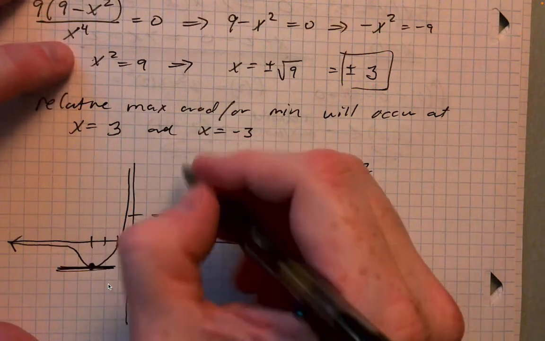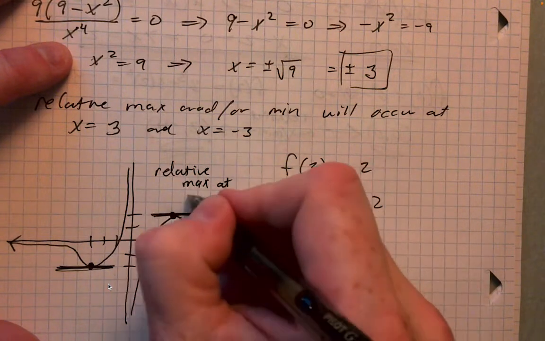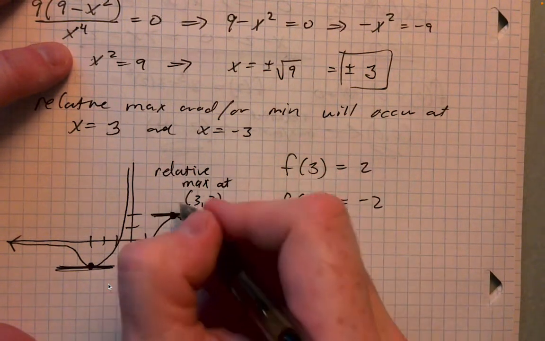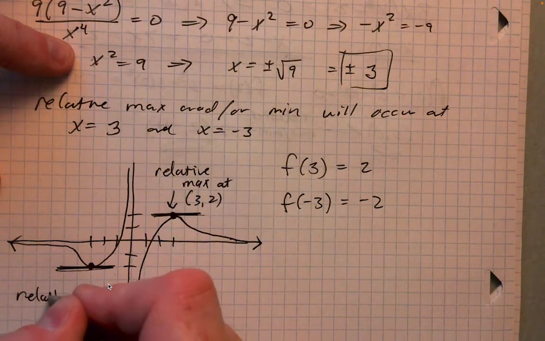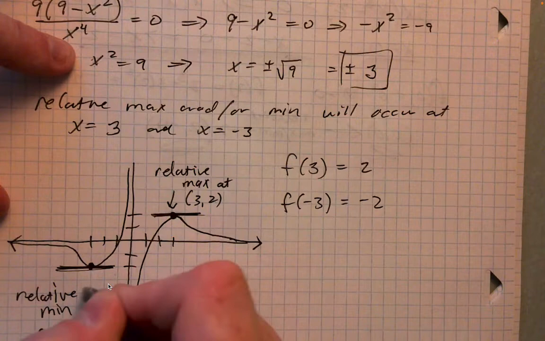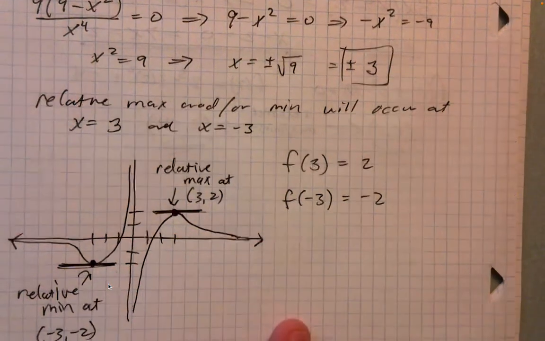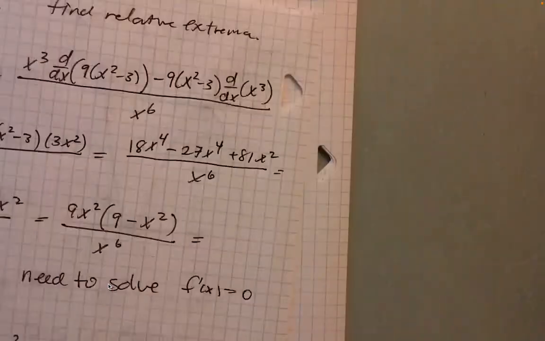And so this would be a relative max at (3, 2) right here, and then of course you've got a relative min at (negative 3, negative 2) right here. That's basically what the derivative revealed to us just by setting the derivative equal to 0 and solving. Okay, so there we go. It's another good example. So let's take that and generalize even a little bit further.